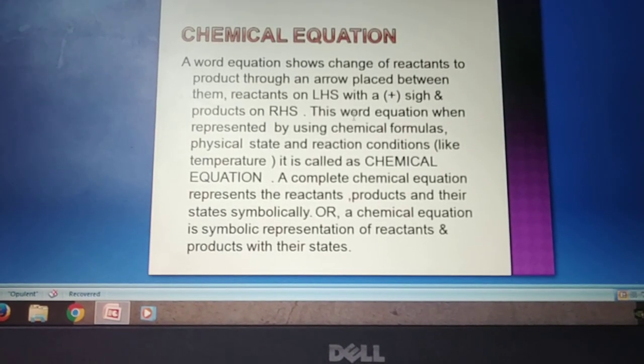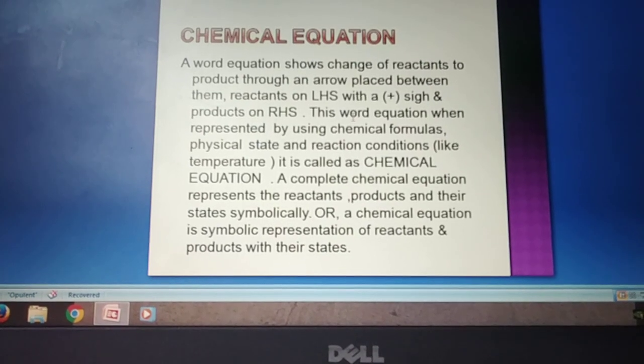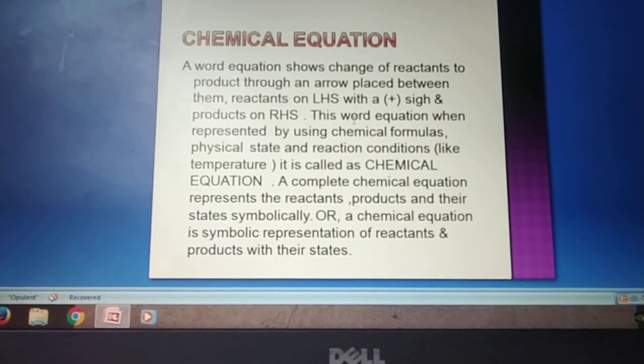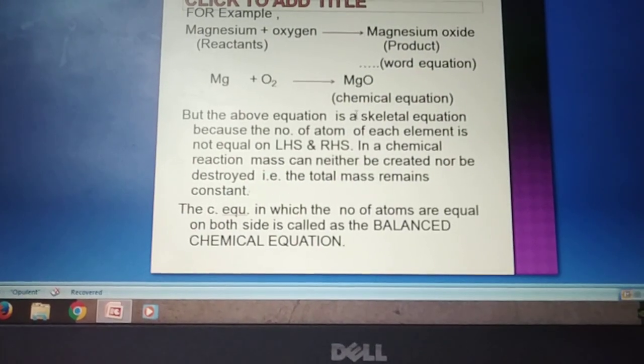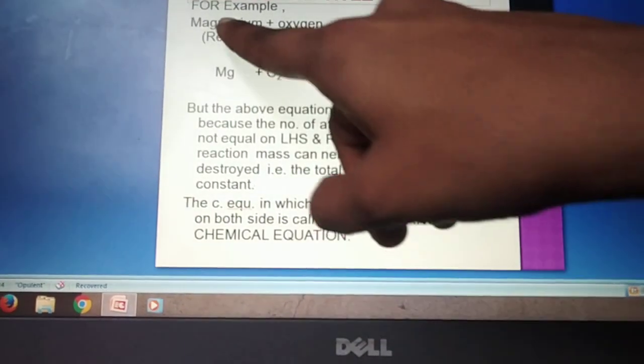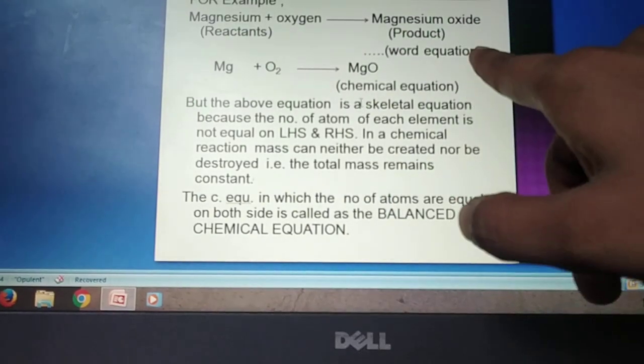We can write this equation by using the simple words of the substances. For example, in equation number 1, magnesium plus oxygen, this is a word equation.